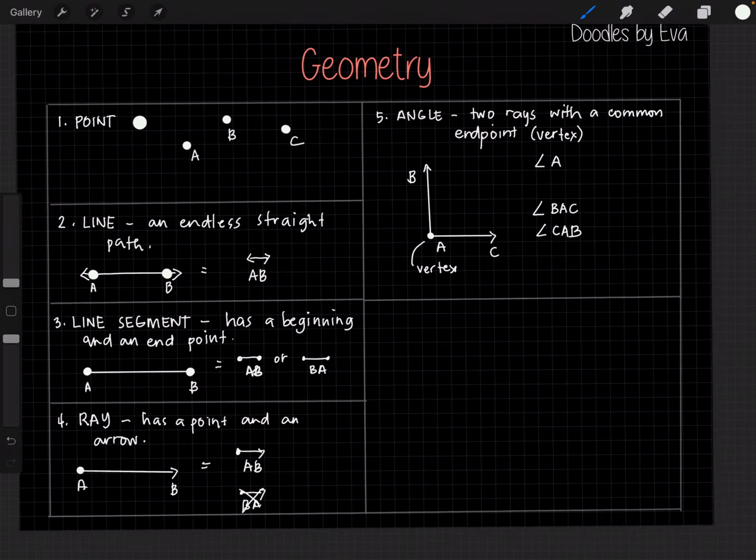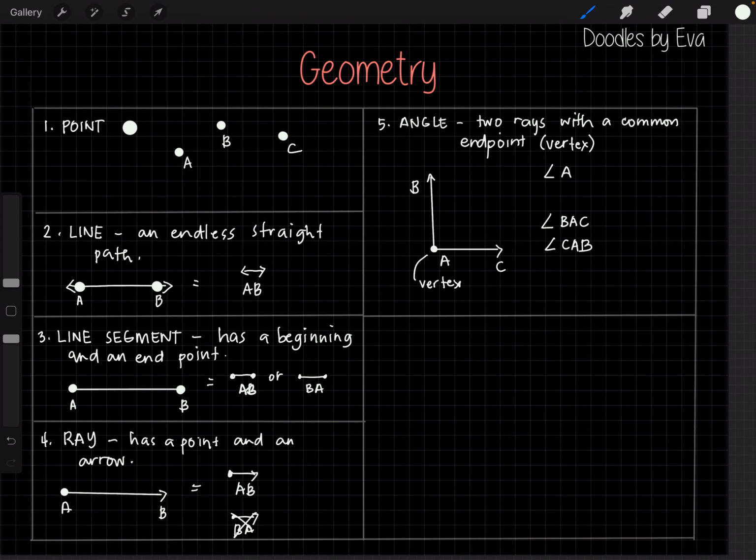Now, the final figure is the triangle. So a triangle is a figure that is formed using 3 segments.